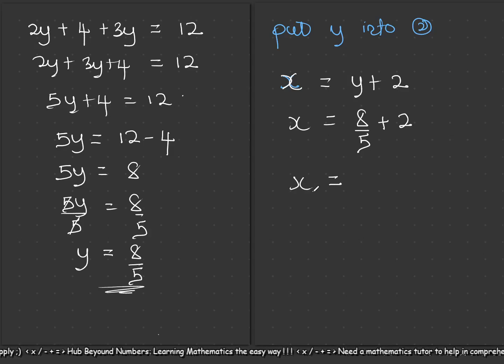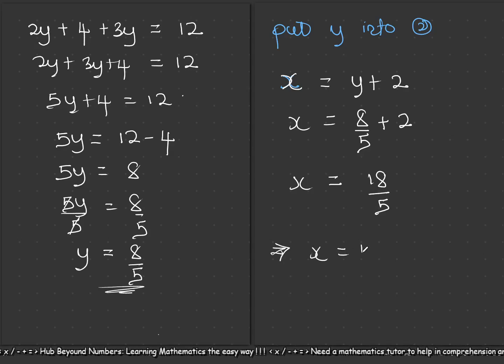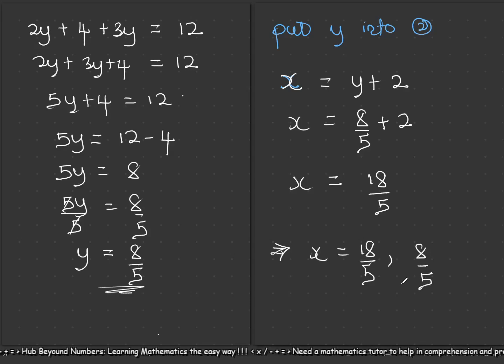All right. So 8 over 5 plus 2 then gives us 18 over 5, you see. So it implies that our x is equal to 18 over 5, while our y is what? 8 over 5. As simple as that.